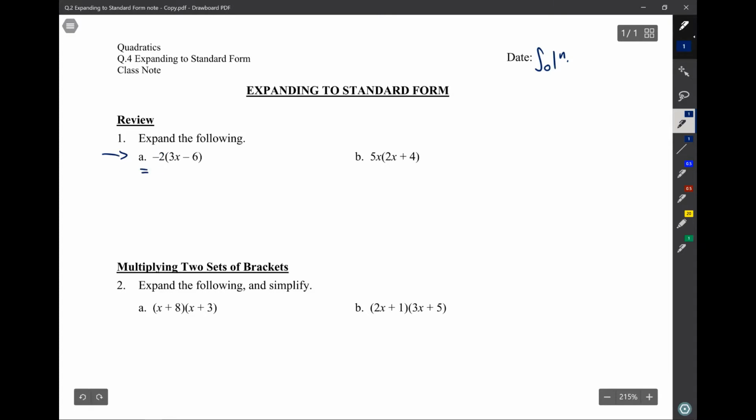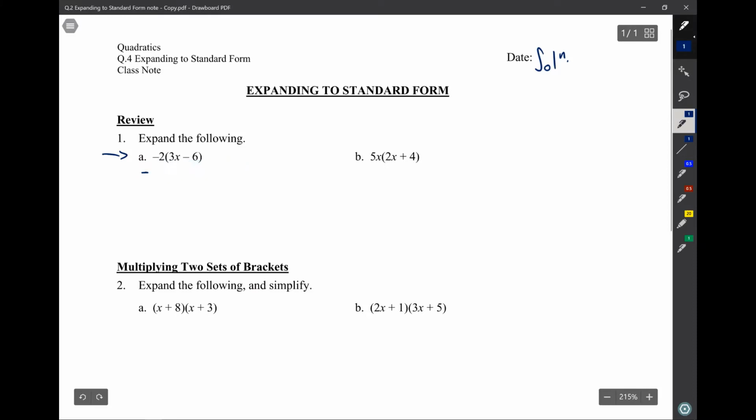Another way of writing this would be -2 times 3x minus 6. Usually we don't write it out with that times sign because it's implied, because it's assumed that we're multiplying that -2 into the set of brackets there.